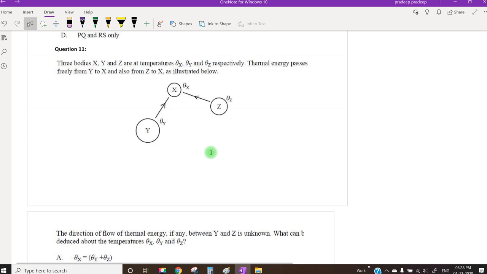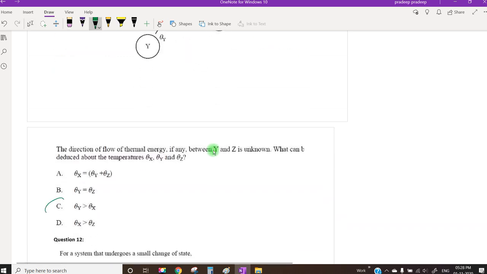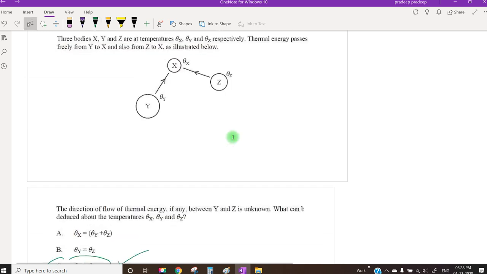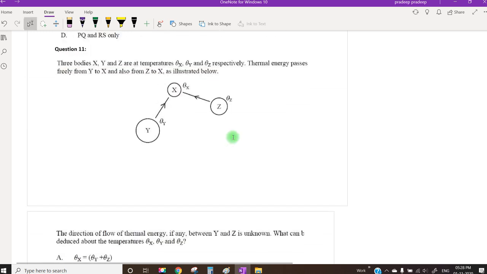See, this is just a common sense question. There is no actual calculation involved here, just observation. So the correct answer to this is C only, not A. All you have to check is the direction of the heat transfer. Heat transfer is going from y to x, which means theta y has to be greater than theta x, because this is how heat transfer happens, from high temperature to low temperature, right?